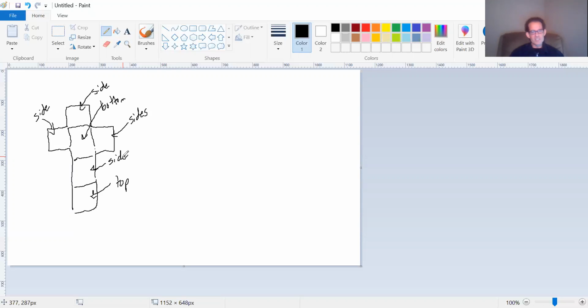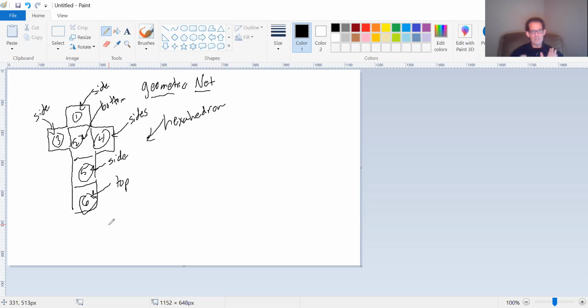Now, when you look at a geometric net, these are called nets. One thing that's really easy to see in a geometric net is the number of faces that the polyhedron has. So I can very quickly count, okay, that's 1, 2, 3, 4, 5. I can see this is 6 faces. So really quickly I can say, okay, this is obviously a hexahedron because it has 6 faces.